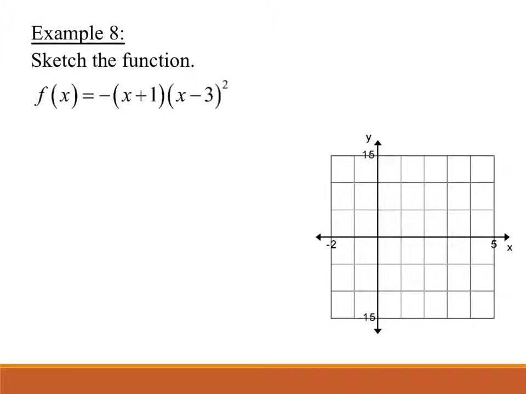So we're going to do the lead term. In this case it's a negative x cubed, which means that the behavior is going to go in this fashion and down in this fashion at the end. Let's look at the zeros.